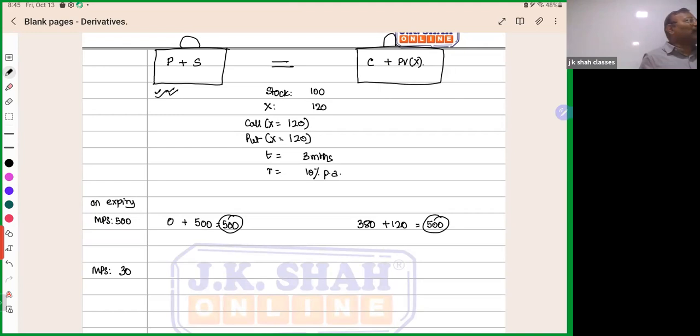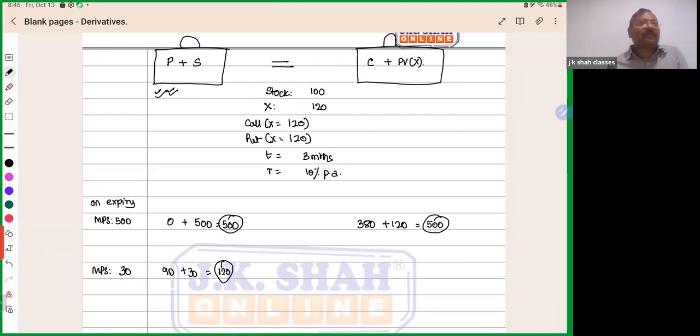Right to sell at 120. Market price is 30. What will be the value of that put which you have in your bag? 90. What is the other thing you have in that thali? What will be its value? Which means the total value of this bag is 120.